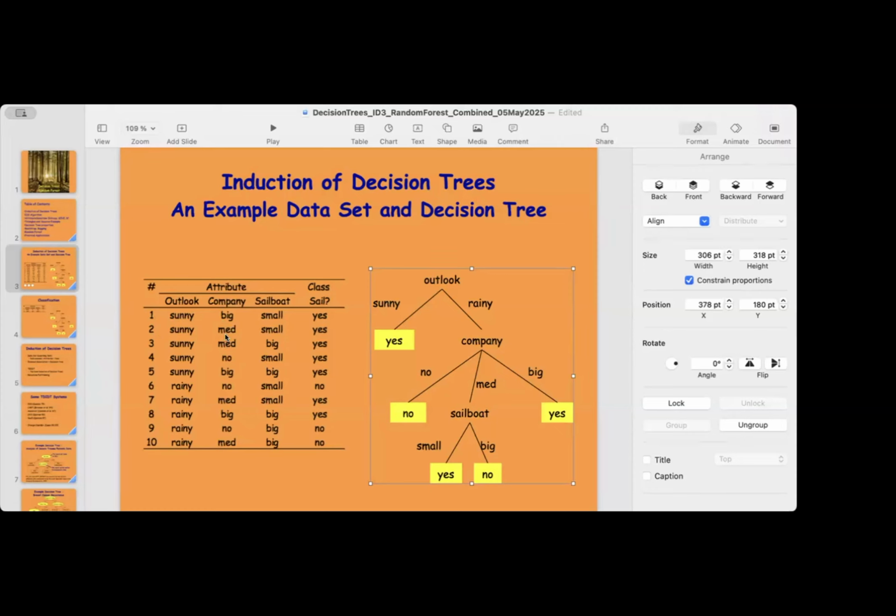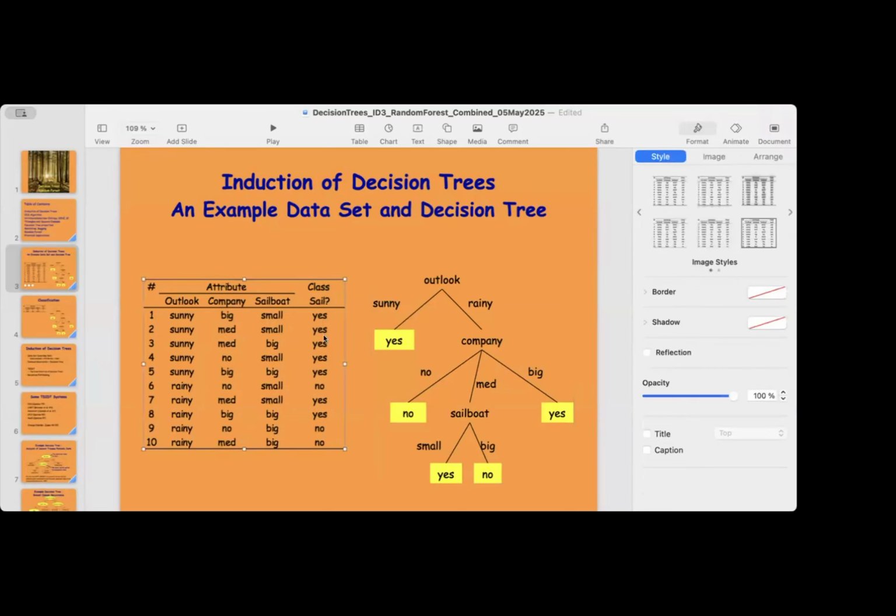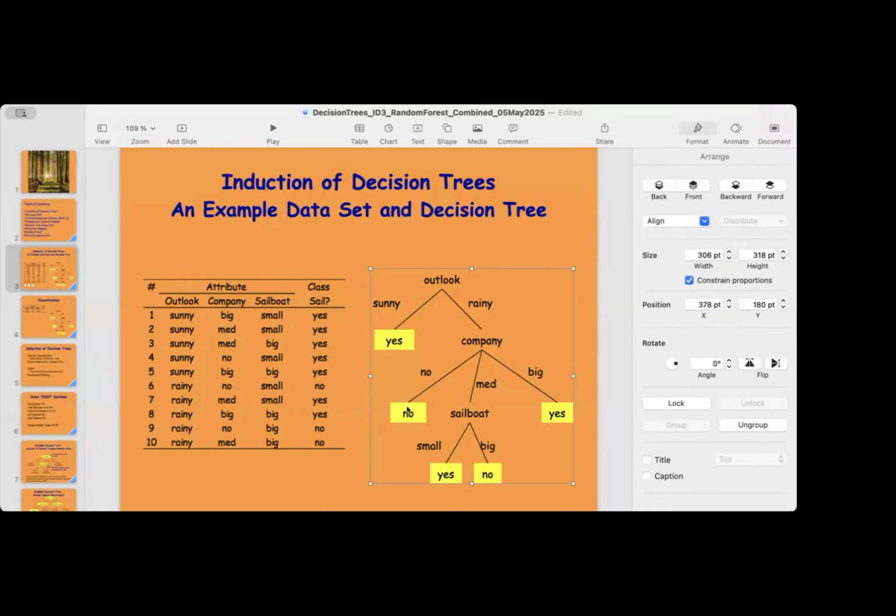If it's sunny or rainy, if the boat is small or big, and if we have someone with us or if we're alone. Is it okay to go ahead with the boat into the water? So the question is yes or no. The class attribute has two labels, yes or no. The yellow ones are the labels, these are the leaves where the knowledge is.